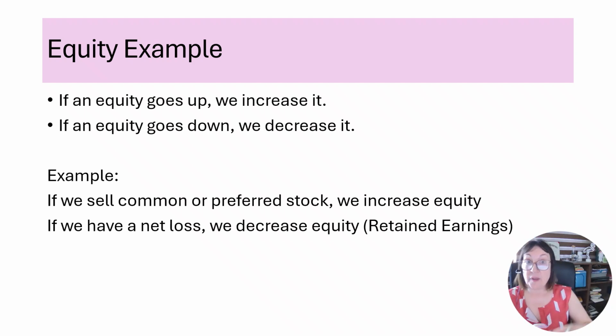Now in another example, if we have a net loss that year, that net loss reduces equity in retained earnings. Remember, net retained earnings is beginning retained earnings plus or minus net income or net loss. So if we have a net loss or we pay out a dividend, we reduce retained earnings and we decrease the equity in our company.